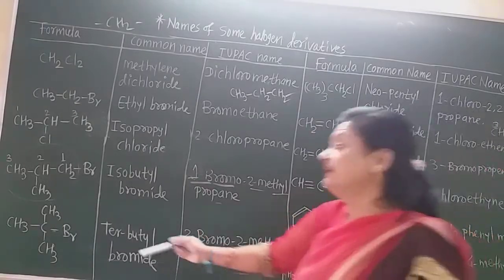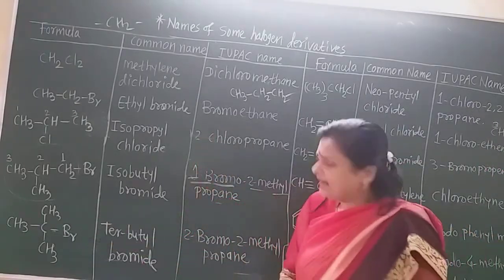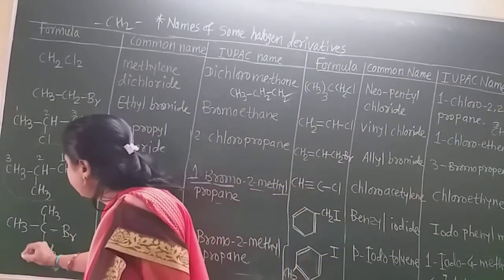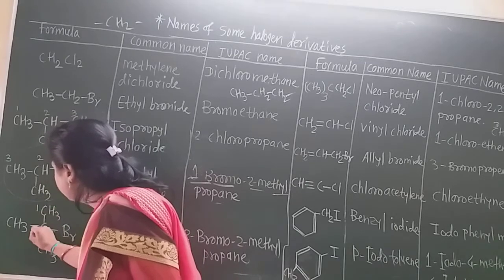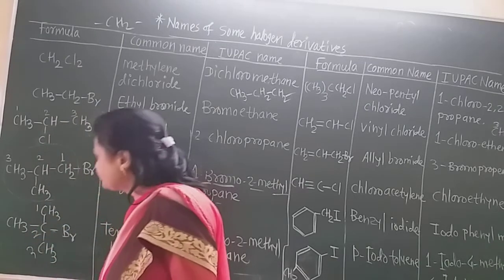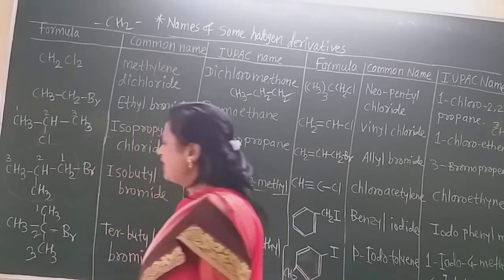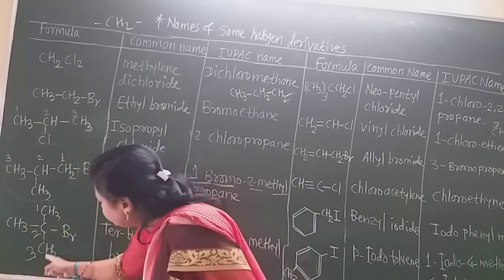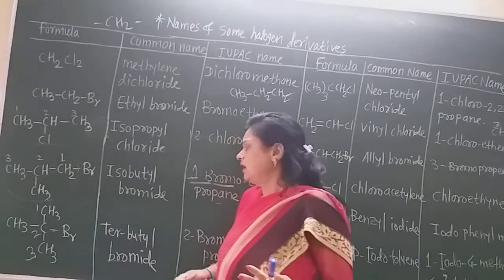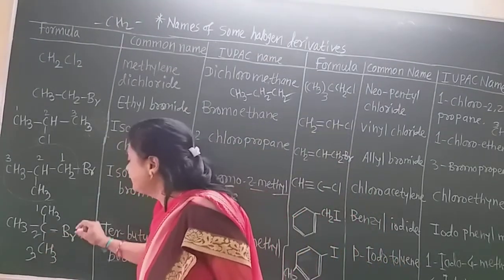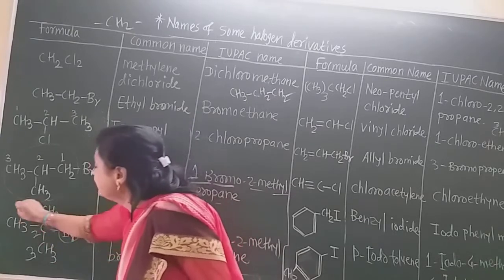It is because of the carbon containing the halogen. And how do we give the IUPAC name then? You can give the numbering in this way: 1, 2, 3 in a straight chain, or 1, 2, 3 in this way also. Why? Because these are also in the straight chain. You may give the numbering from any side, but here we see that this bromine and this methyl group are the substituents.